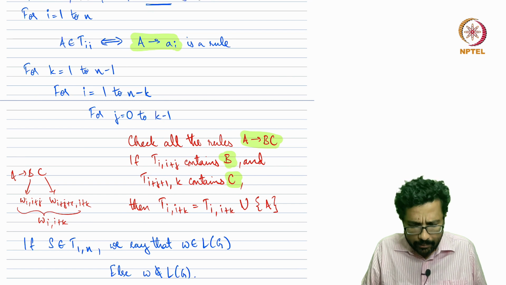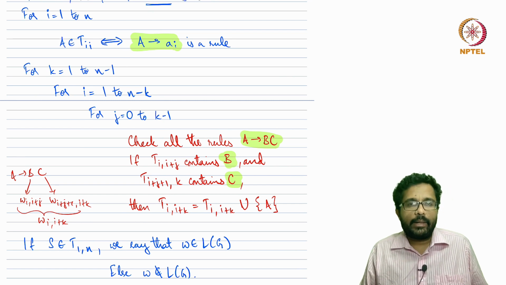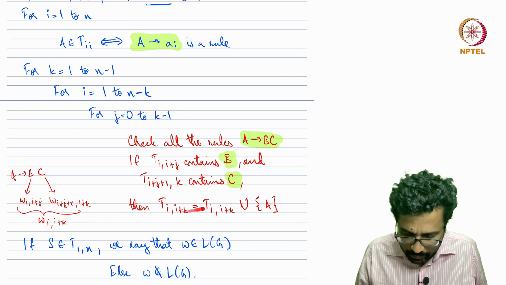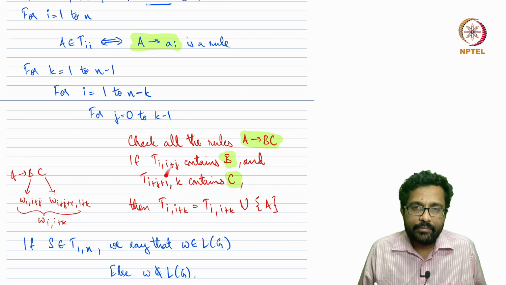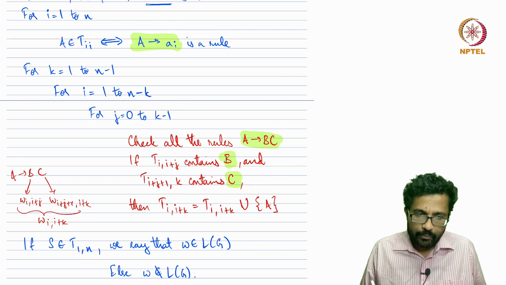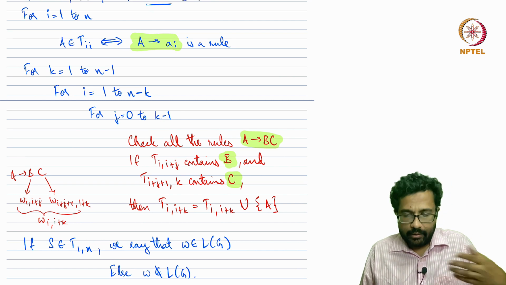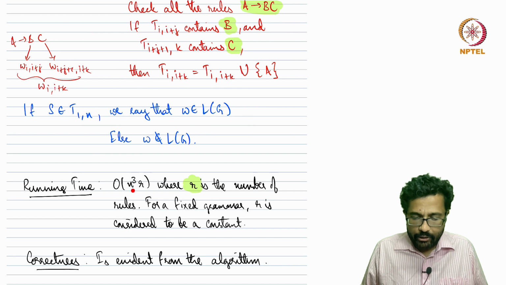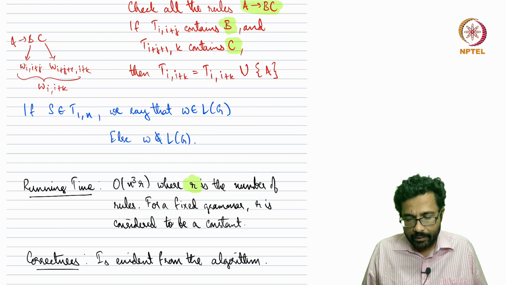There may be some improvement, but it's still upper bounded by n. So it's n times n times n, which is n cubed. And over here we need to check all the rules, so if there are r rules, there is a further multiplicative factor of r. That's how we get n cubed r.